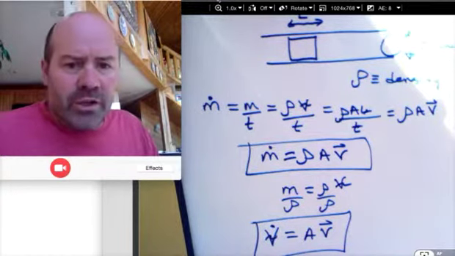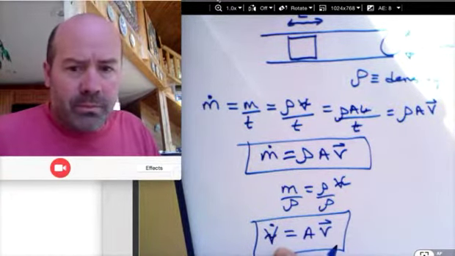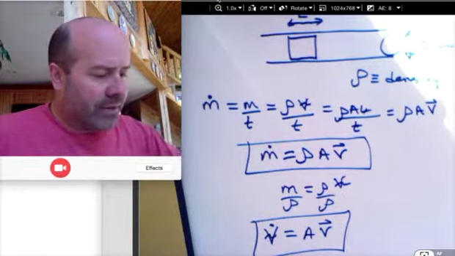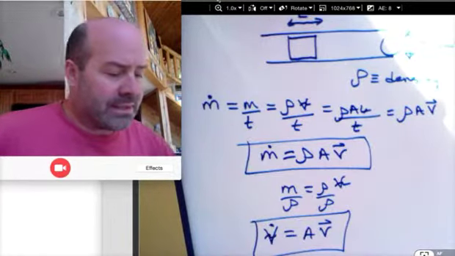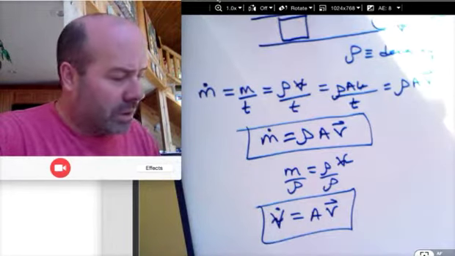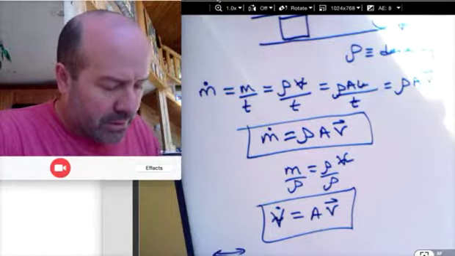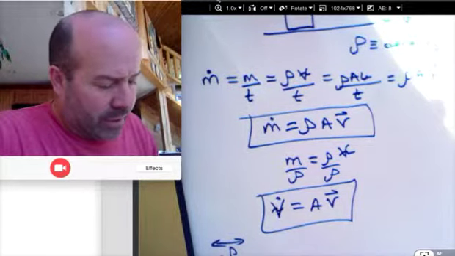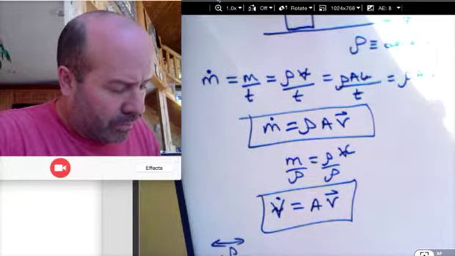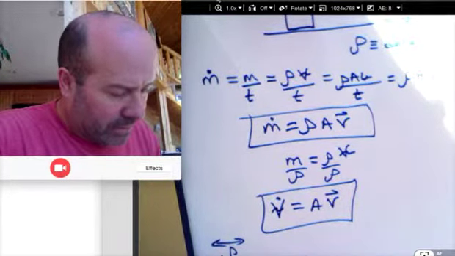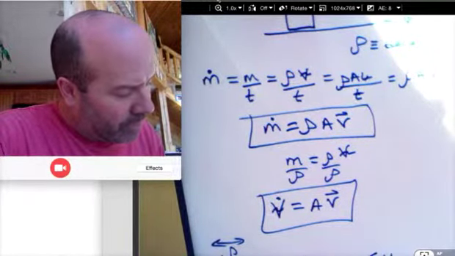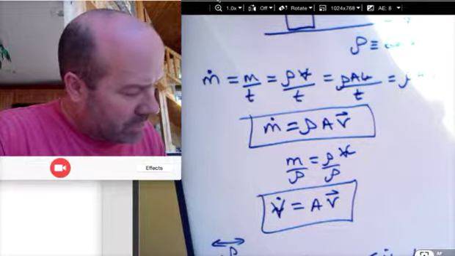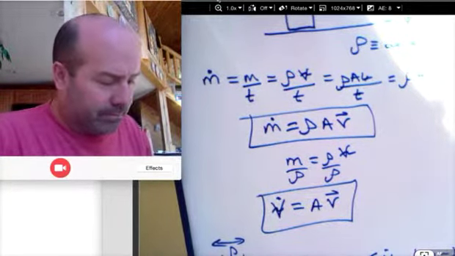The continuity equation works for volume just as it did for mass if the density is staying constant everywhere. So if density is a constant, then we can do initial volume plus the sum of the volume flow rates in times time in minus the sum of the volume flow rates out times time out equals final volume.